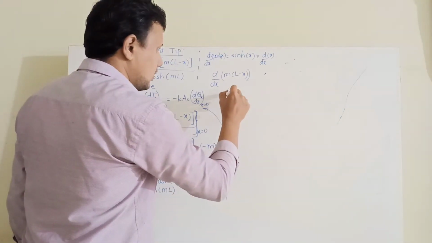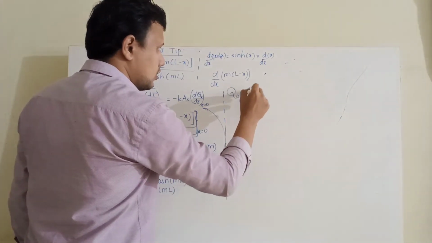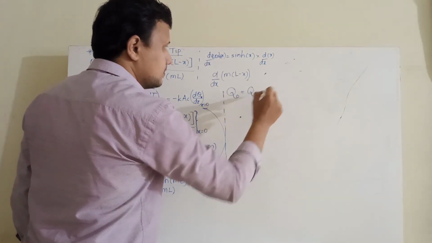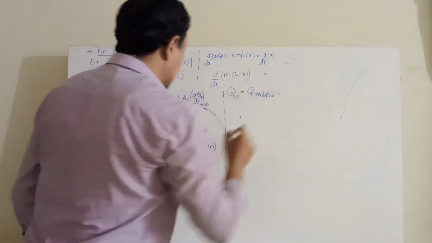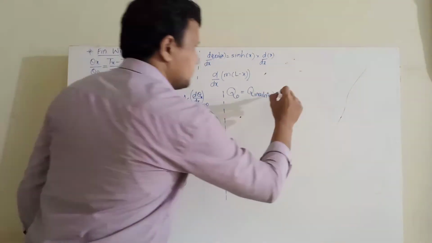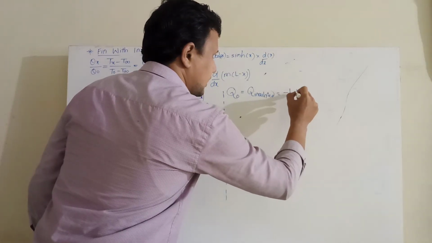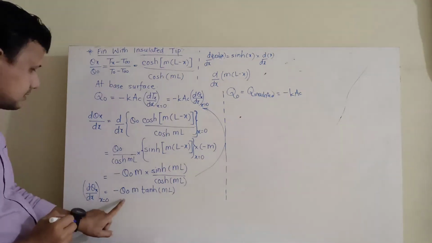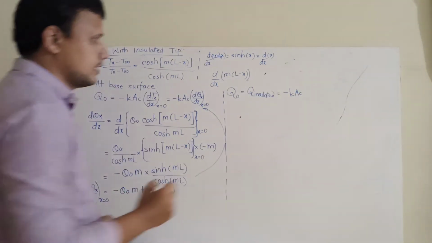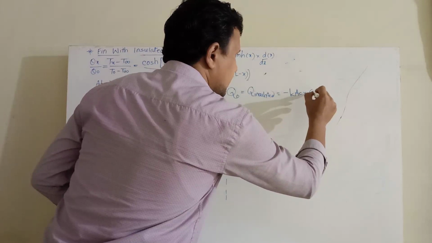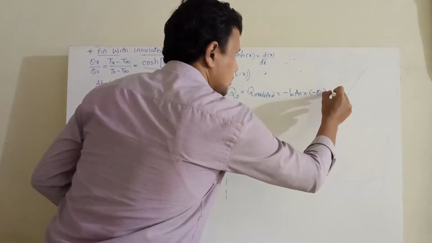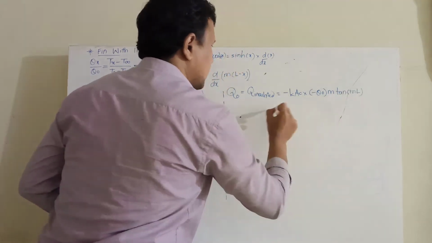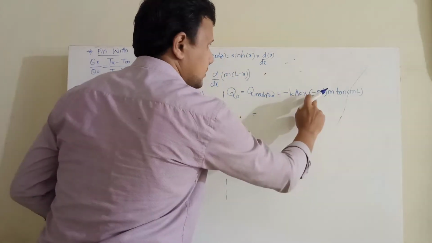I can write Q0, the heat transfer from the insulated tip fin, equal to minus kAc, and then this temperature gradient dθ/dx, which is minus θ0 m tanh of mL. This negative sign will be absorbed, the two negatives will cancel each other.